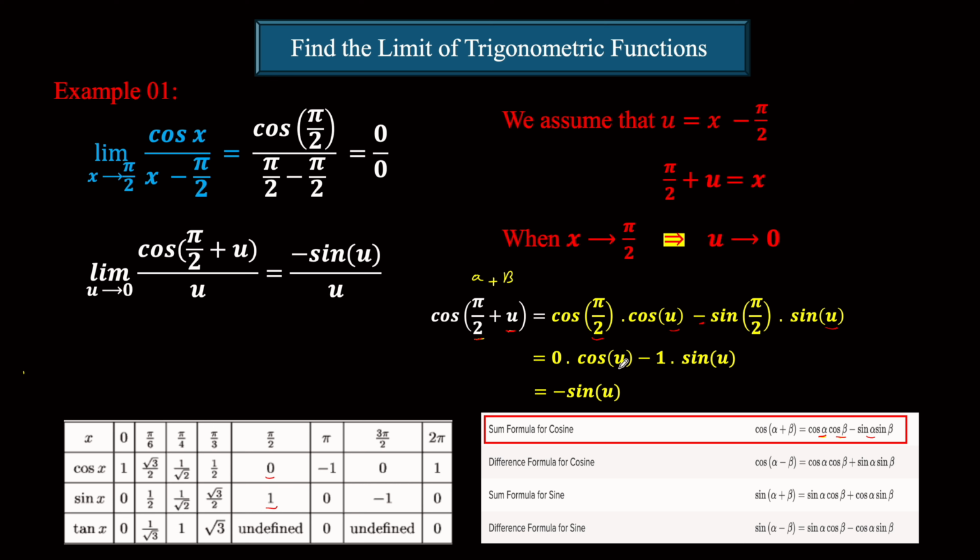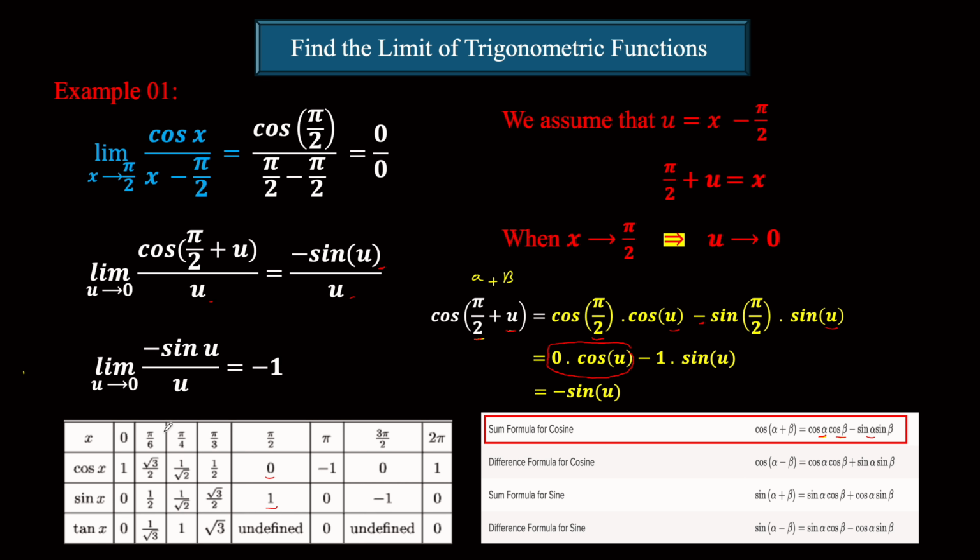So this expression will become 0, because it is multiplied by 0. And minus 1 multiplied by sine of u is minus sine u. That's why we get this one here, okay? And u, we don't touch it, we put it here, okay?